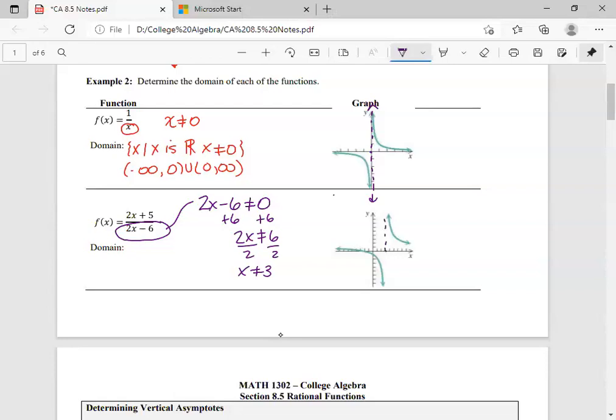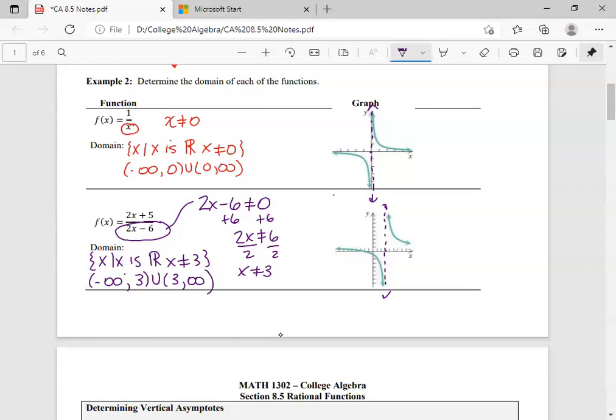If you look at this graph at x equals 3, that's where it's split right in two. That's a vertical asymptote. We would say our domain is all x's such that x is real and x is not 3. So we're good from negative infinity to 3, and then we're good again from 3 to infinity.